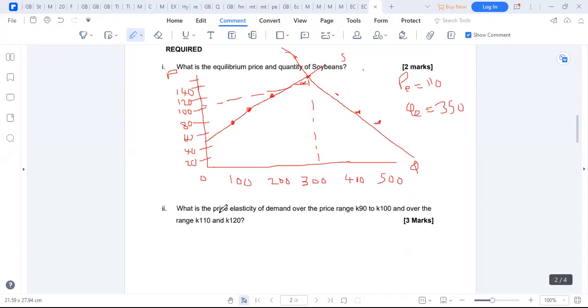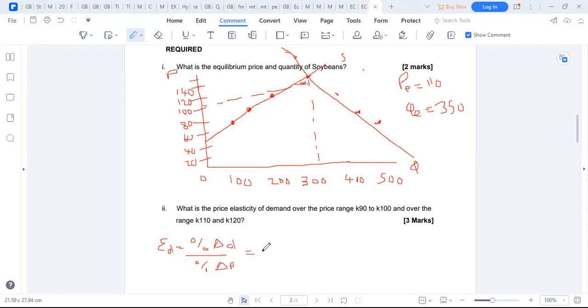Then we go to the next question: what is the price elasticity of demand over the price range of 90 to 100 and over 110 to 120? So we know that elasticity of demand is the percentage change in quantity demanded over the percentage change in price.